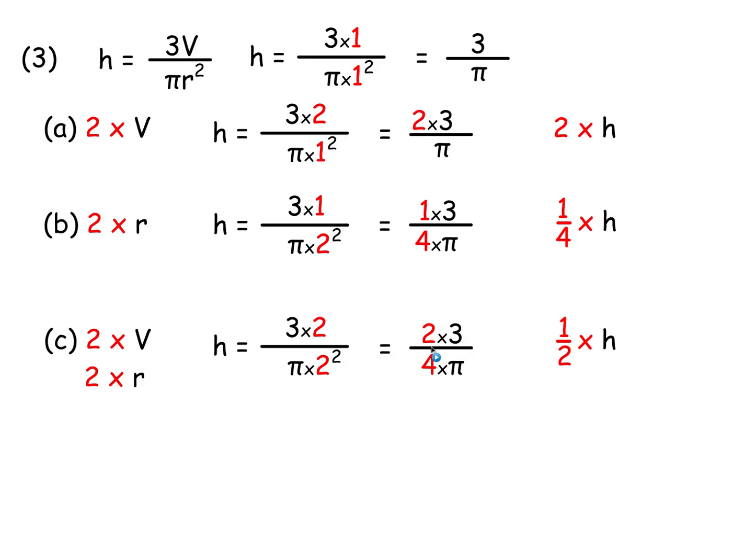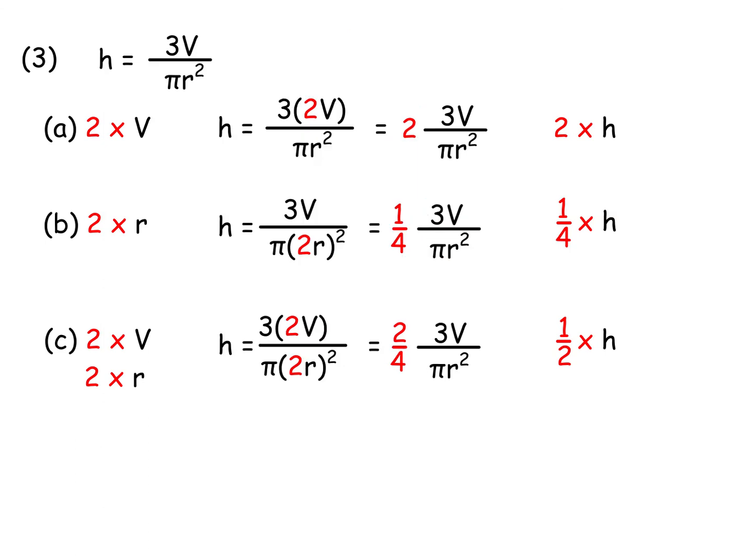So we've got multiples each time of 3 over pi, the original height at the start. So, two methods. You can either assume easy figures and then carry out the doubling that you require, or you can use that method.